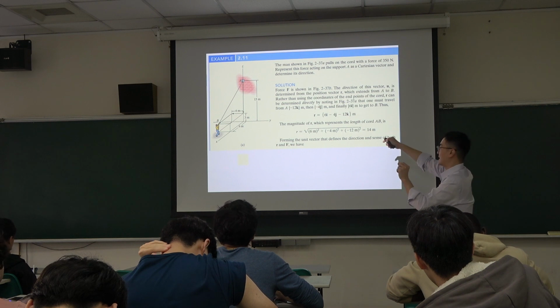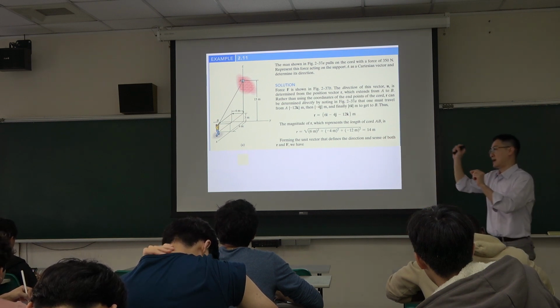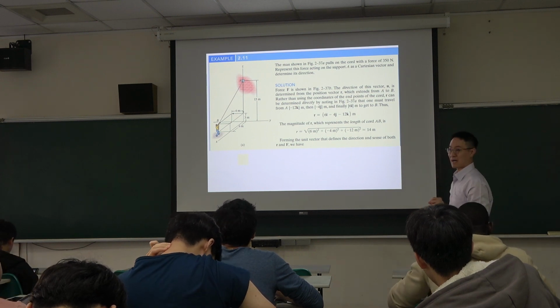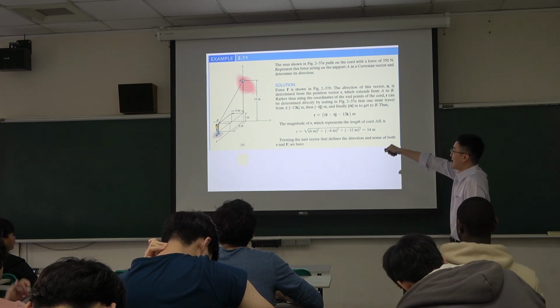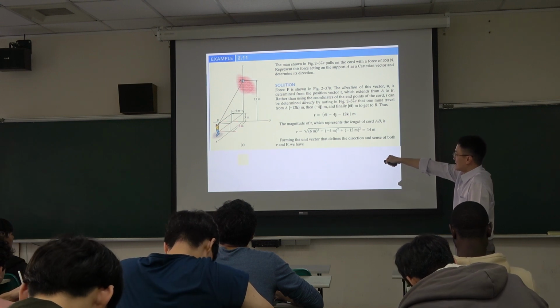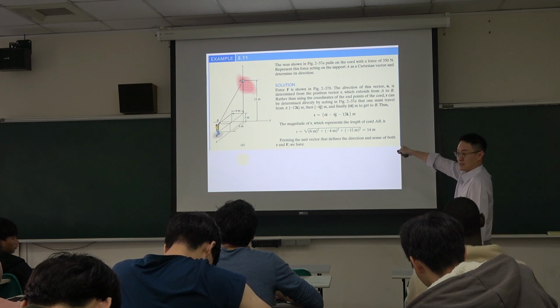Point B is 3 and point A is 15. So A to B is 3 minus 15, so it's negative 12. Okay, so we know it's B minus A. So for the x-axis, B is 6, A is 0. So here is 6.